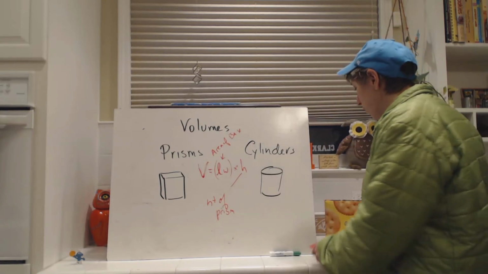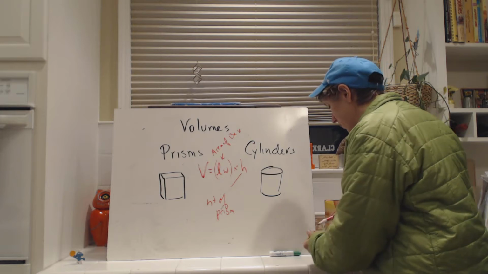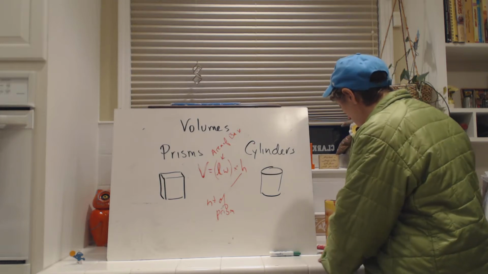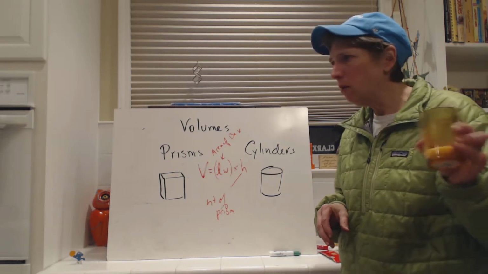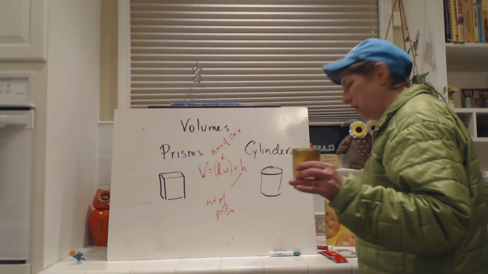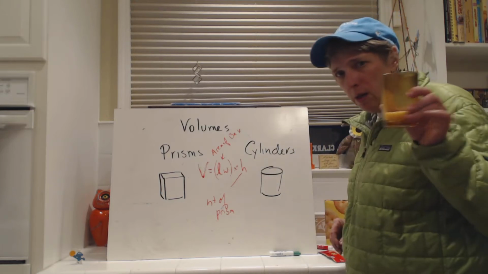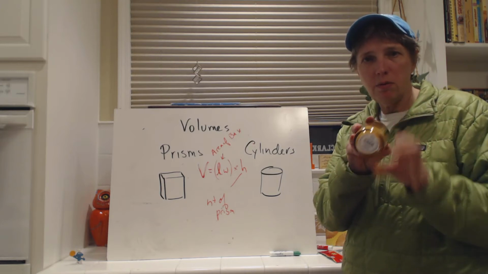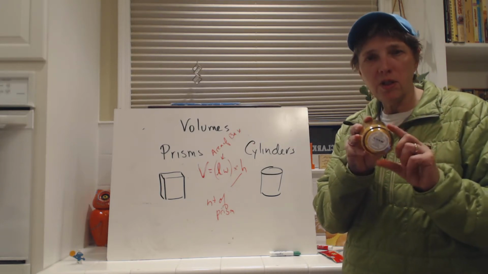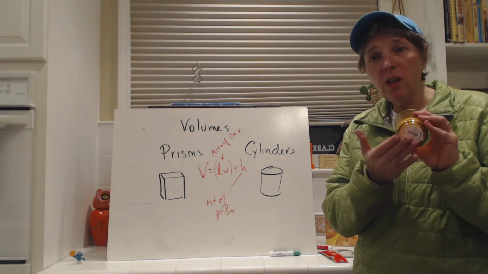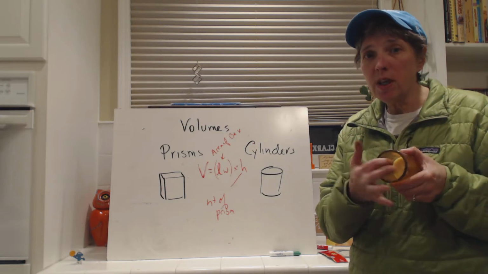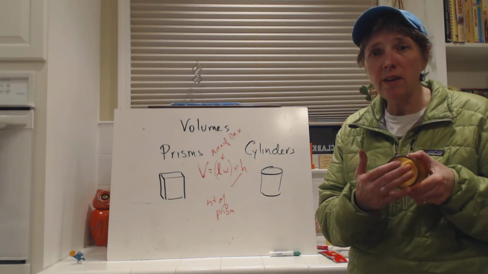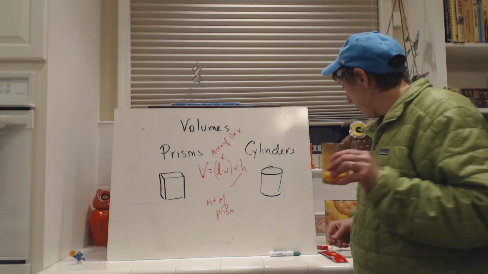That's simply it. Now the volume of a cylinder, so again, how much it holds. Here's a cylinder. What is the base the shape of? It's the shape of a circle. So we need to know the area of the circle to see how much will be held inside the candle or this jar.